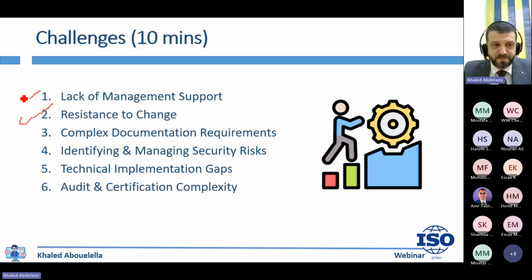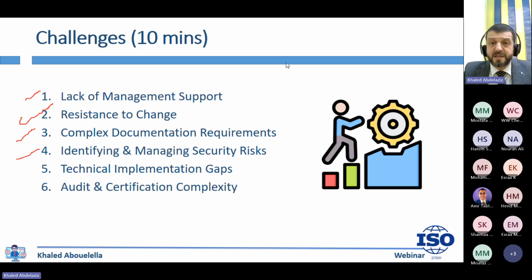Complex documentation. ISO 27001 has a lot of documentation, policies, processes, and procedures, and many organizations, even enterprise organizations, struggle with implementing documentation. So you need to ensure having templates. You can use ISO 27001 templates to speed up the documentation. Also, you need to implement a document management system to maintain the versions and so on.